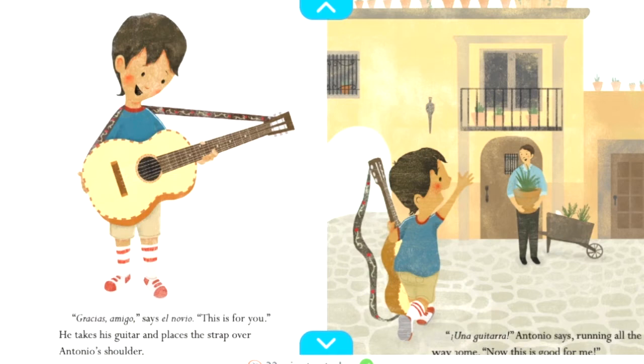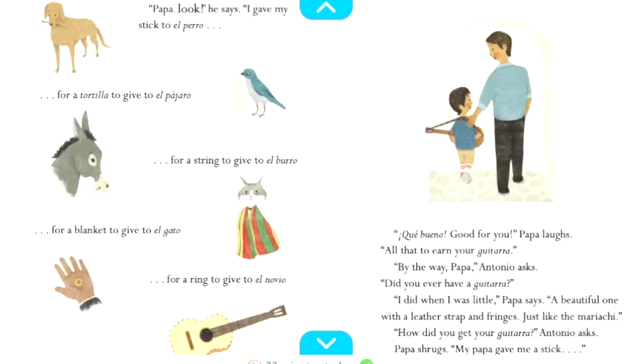Now this is good for me. Papa, look, he says, I gave my stick to El Perro, for a tortilla to give to El Pájaro, for a string to give to El Burro, for a blanket to give to El Gato, and for a ring to give to El Novio. Que bueno, good for you, Papa laughs. All that to earn your guitarra.